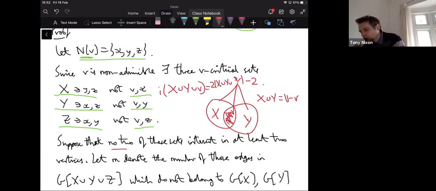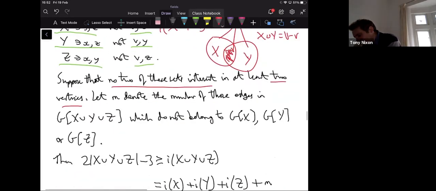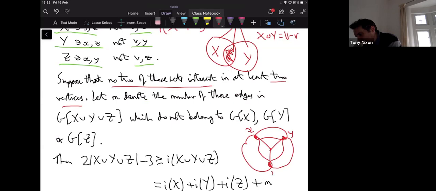So suppose no 2 of these sets intersect in at least 2 vertices, okay? So just to do the picture this way, what that says is I've got this graph where I've got my X, my Y, and my Z, and the 3 critical sets are the 3 blobs, and it's exactly like that. Okay, so I want to just do some counting. So just relatively quickly, let M denote the number of edges induced by the union of these 3 critical sets.